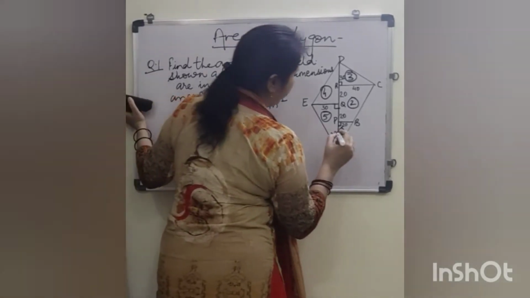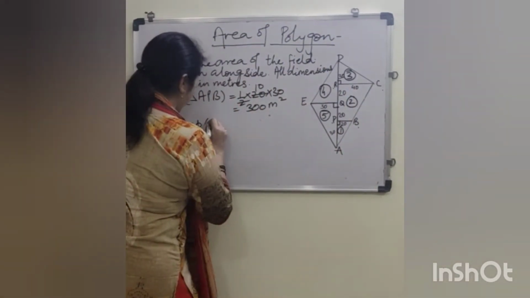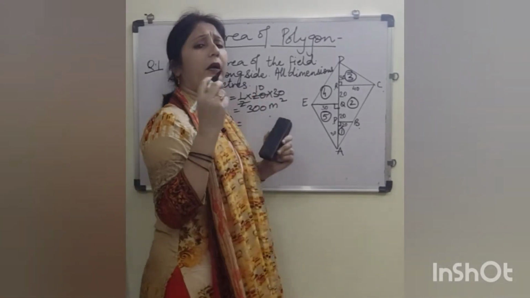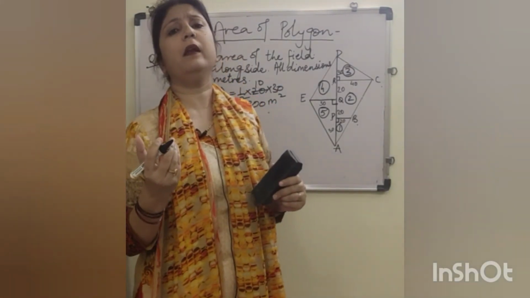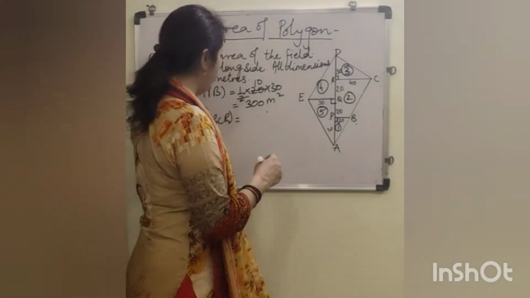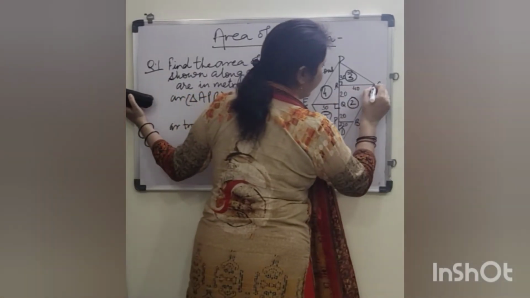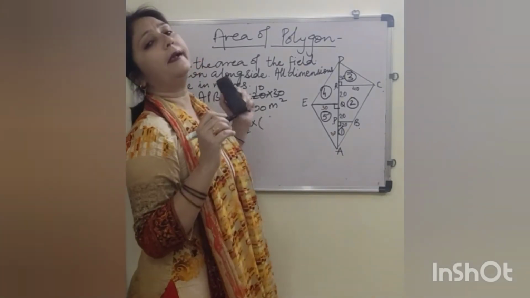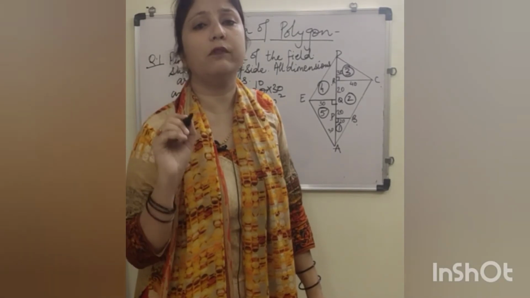Now next comes the area of trapezium. What is the name of the trapezium? Just look fast. PBCR. What is the area of trapezium? I told you the formula: half into sum of parallel sides multiplied by the distance between them, or height, or perpendicular distance between them. The two parallel sides are CR and BP, as they both are falling at 90 degrees. The two sides that fall at the same angle are always parallel.